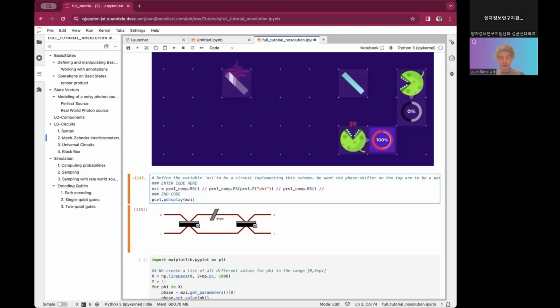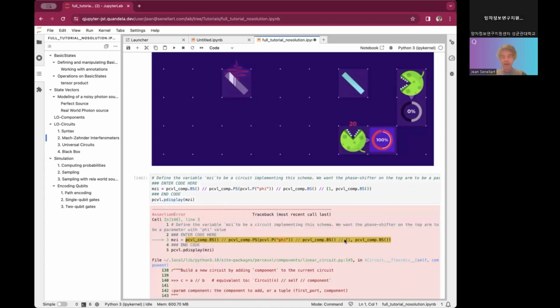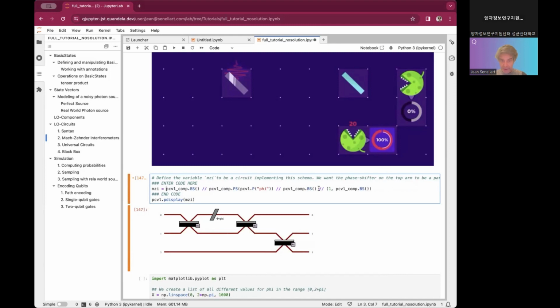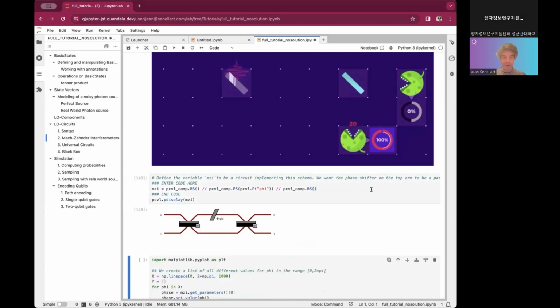If you wanted to add a new beam splitter on a third mode, you cannot expect that your circuit will dynamically become bigger, because it doesn't know that there are 3 modes. It will just tell you no, I cannot, because there are only 2 modes. So in that case, you need to define that there are 3 modes. For that circuit, the very simple solution is this one. It's elegant, and there's nothing more to do: beam splitter, phase shifter, beam splitter.